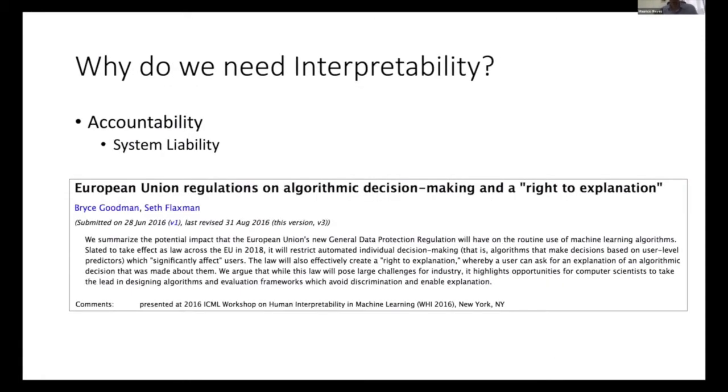Now, accountability. Now we go for the specifics of Europe. We have GDPR since May 2018.